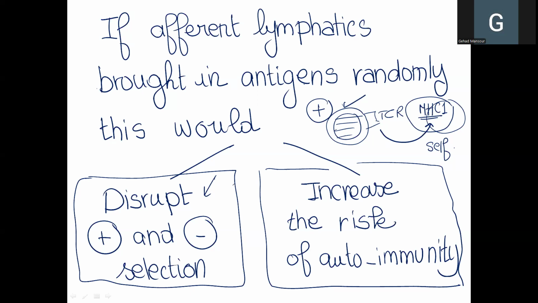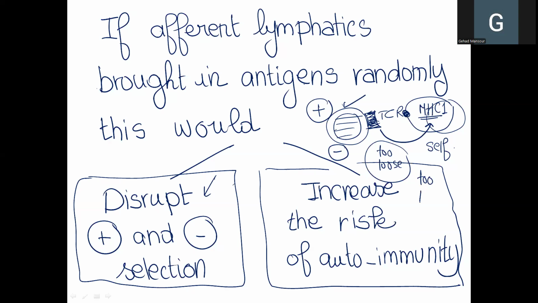But if the reaction or the bonding between the T cell receptor on the cell membrane of the T lymphocyte and the molecule that is MHC1 is too loose, then this cell will be discarded because it's not even capable of detecting self-antigens.